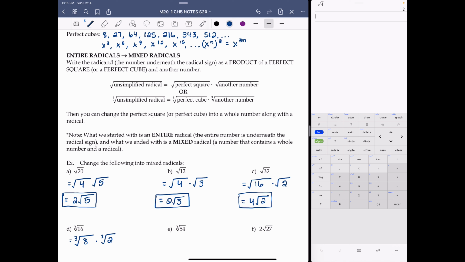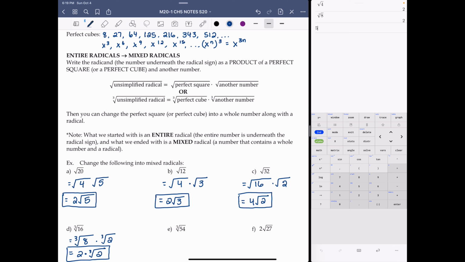We can take the cube root of 8, which gives us 2. So we get 2 times the cube root of 2. You've got to remember the little 3 for cube root.